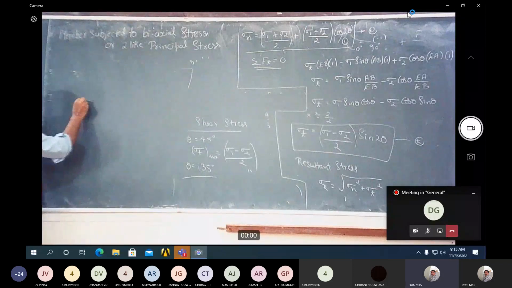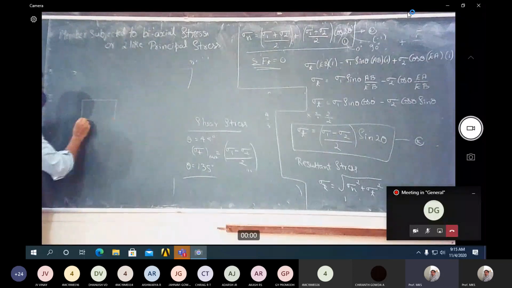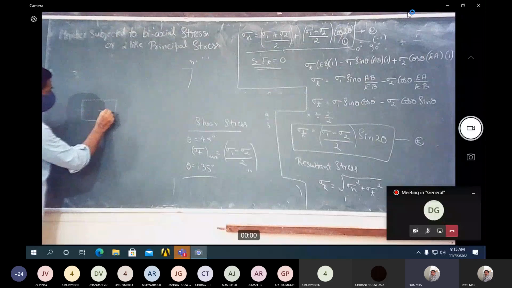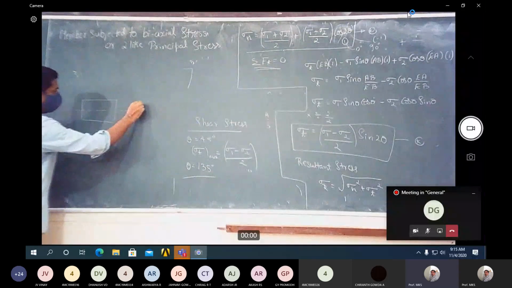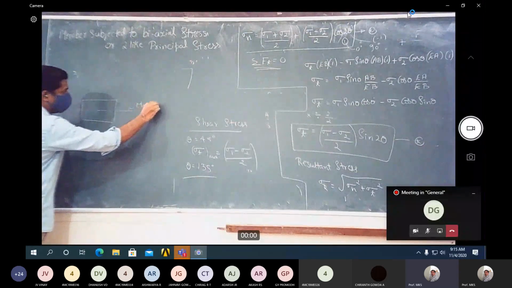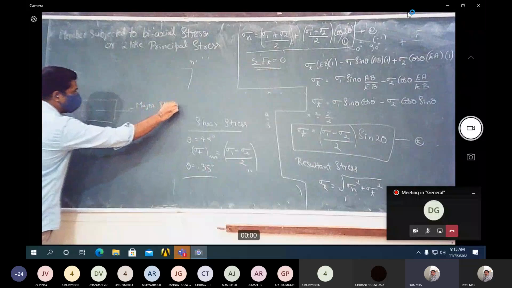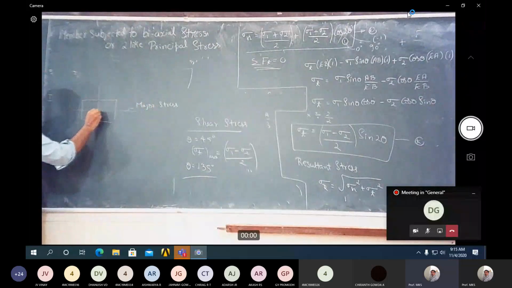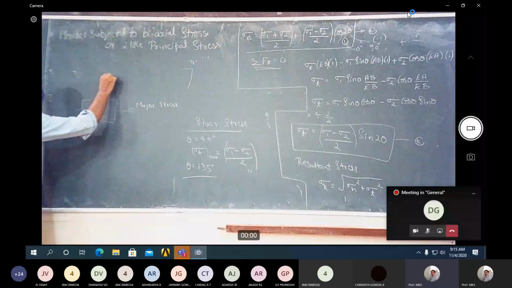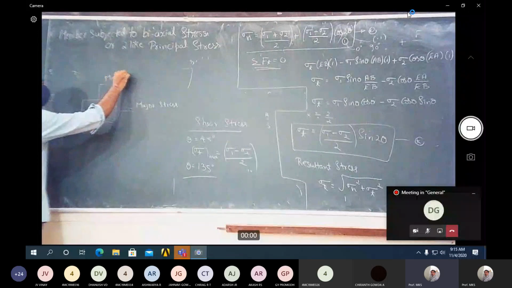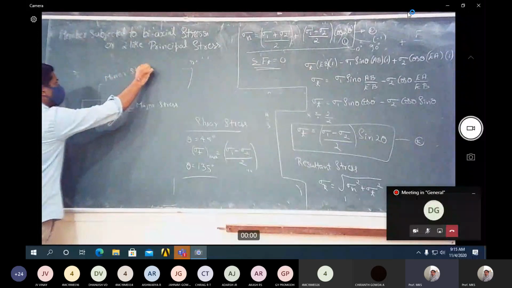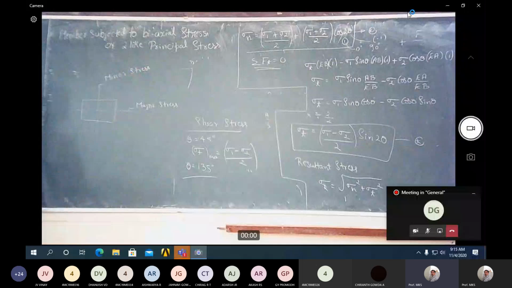As I told in the derivation, if it is a block, the x-axis will be the major stress and the y-axis will be the minor stress. That is important.